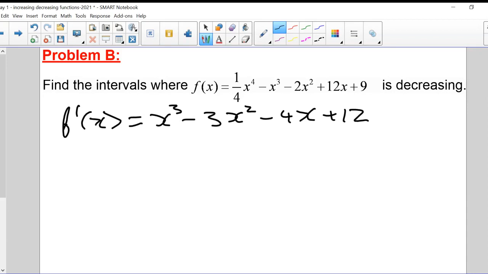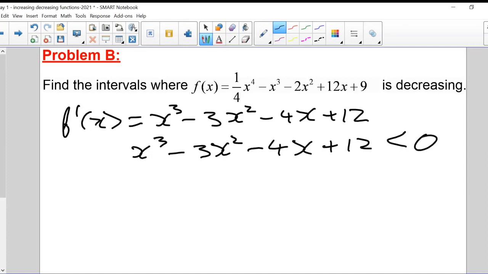Can you help me figure out where x cubed minus 3x squared minus 4x plus 12 is not greater than, but less than 0? Can you walk me through the process? If this was a question on a test, and you're not using Desmos, how do I proceed from here?